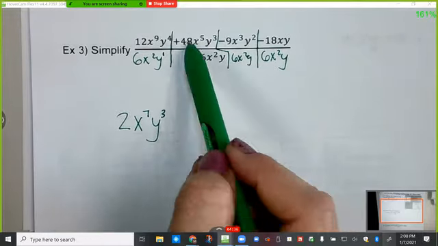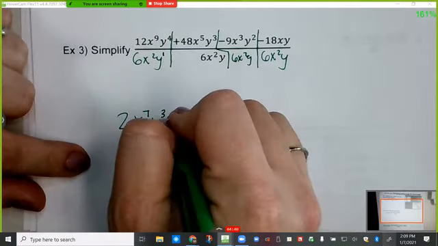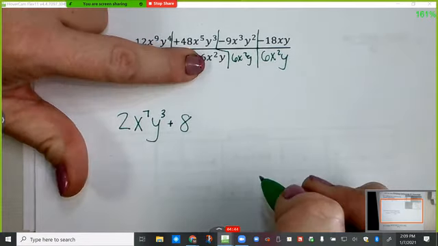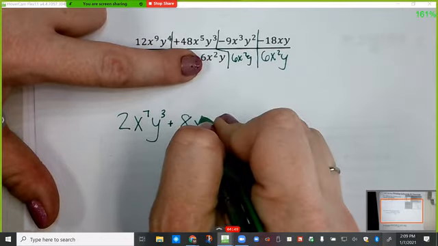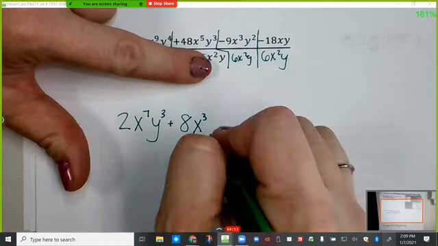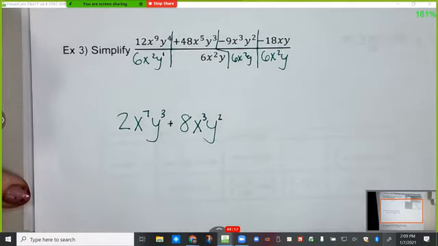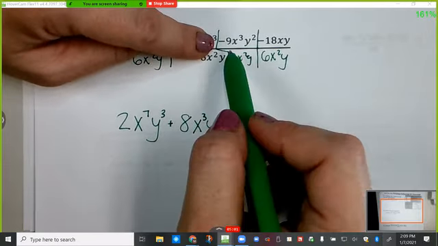What's 48 divided by 6? Huh? 8. I'm going to bring down that plus sign. Put an 8. X to the 5th over x squared. Okay. Y cubed over y. Okay, so I finished the first two terms of the third term. Negative 9 divided by 6.